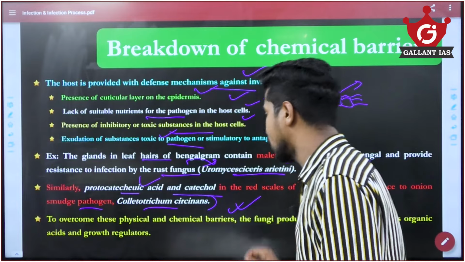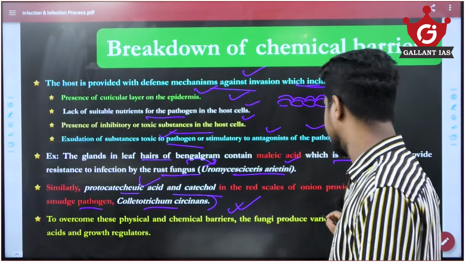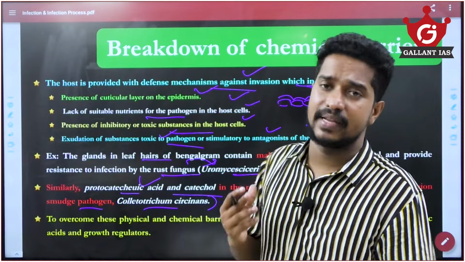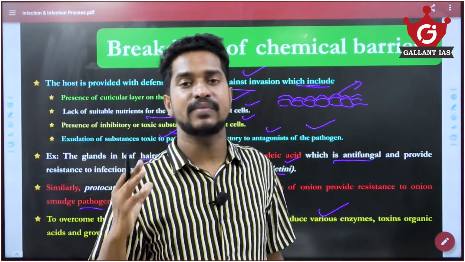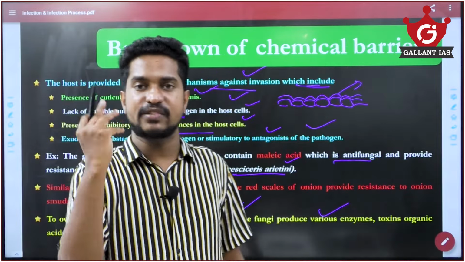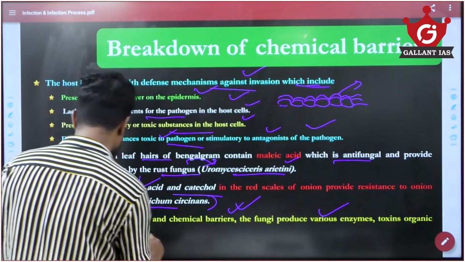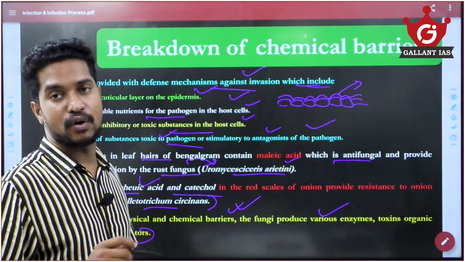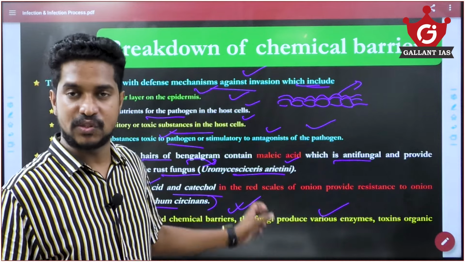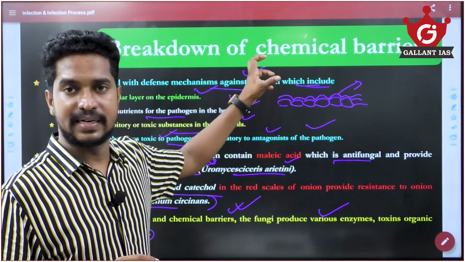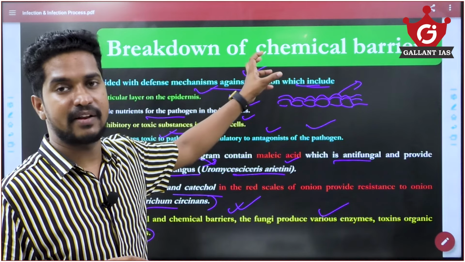To overcome these physical and chemical barriers, the fungi are capable of producing various enzymes, toxins, organic acids and growth regulators. We have discussed this in detail under plant defense mechanism.